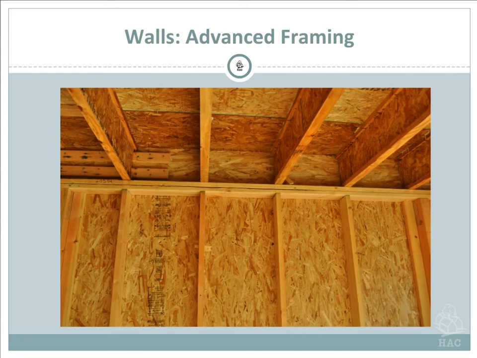Advanced framing, this is where we talked about advanced framing. There are some benefits to advanced framing. Some people don't believe in advanced framing. They say it's a waste of wood. Others say it's not a waste of wood. But either way, with the advanced framing, you can see the difference. Most of these are OMB trusses that are put up here for the side walls. Same thing up here for the soffits.